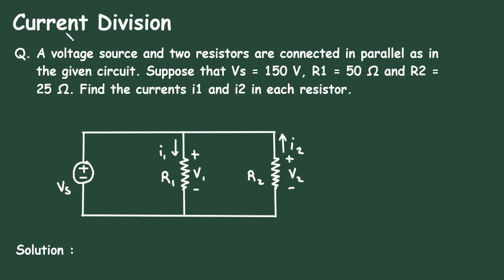Then next is I2. So to find I2, again total current IT multiplied by, now here opposite or parallel branch to this I2 is this R1 and this R3, this parallel resistance.